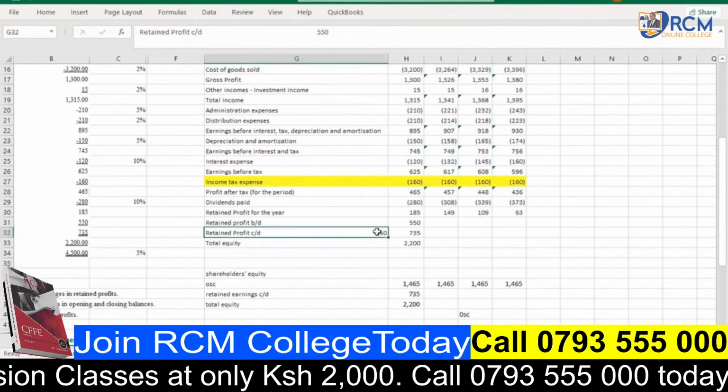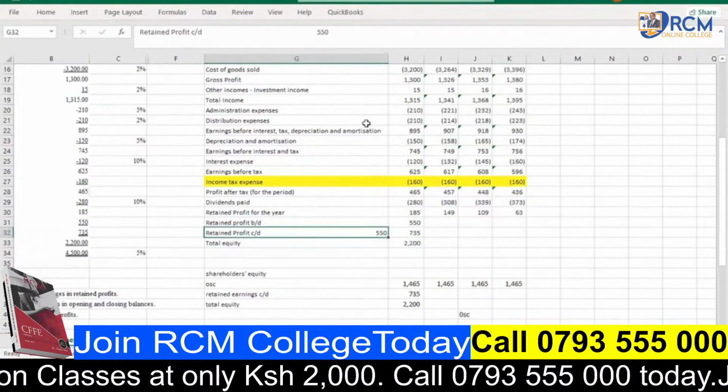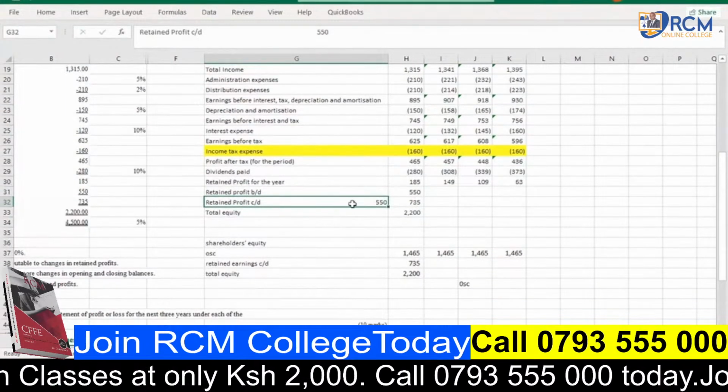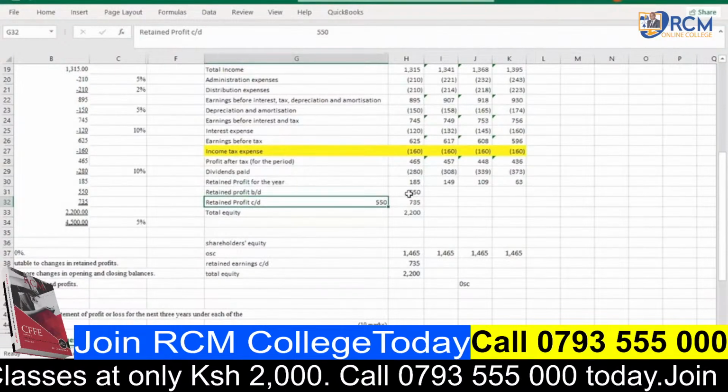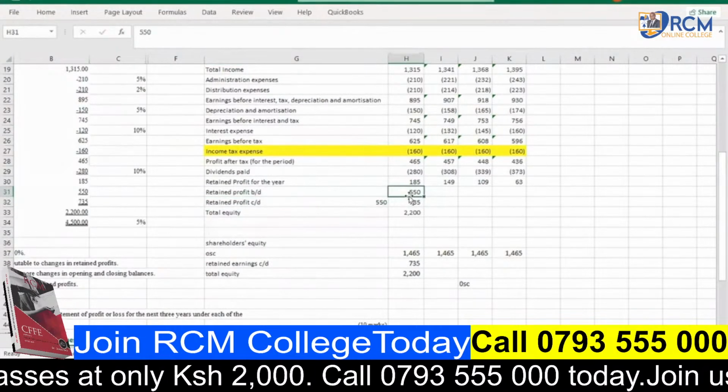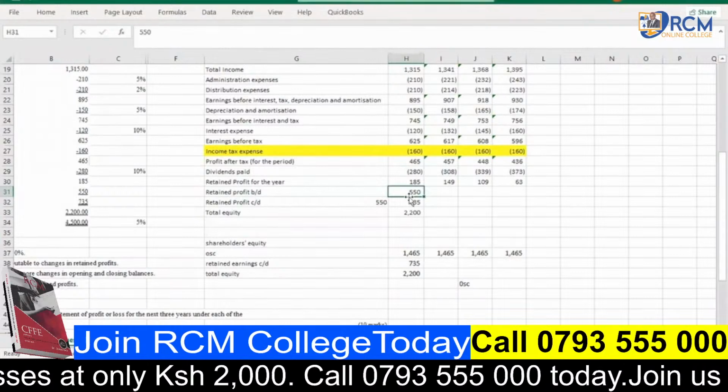But because we don't have 2021, the retained earnings carried down for 2021 becomes the retained earnings brought down for 2022. Hapo imeeleweka?